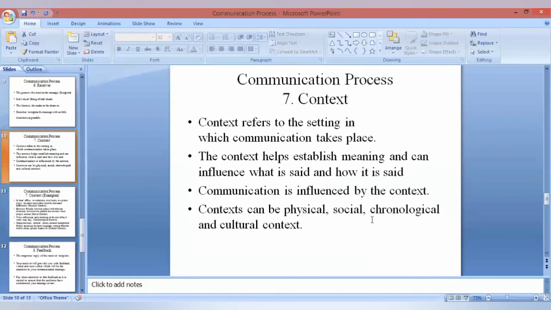Well, the next component of communication process is context. As far as context is concerned, it refers to the setting in which communication takes place. It is the context due to which we establish meaning, and it can influence what is said and how it is said.